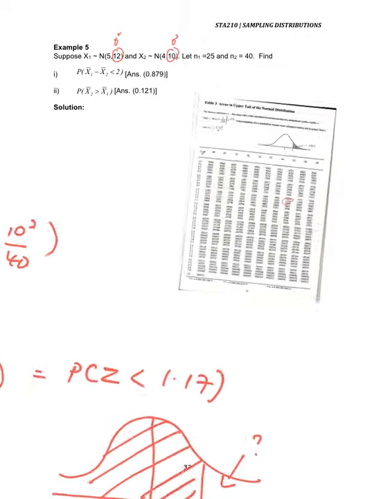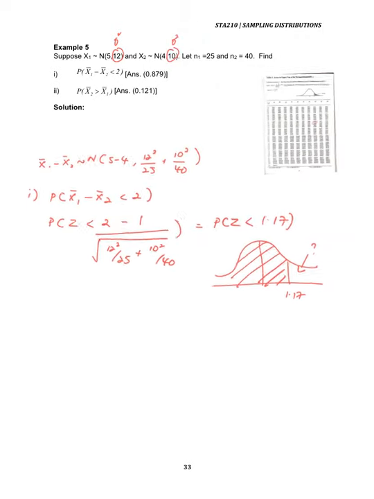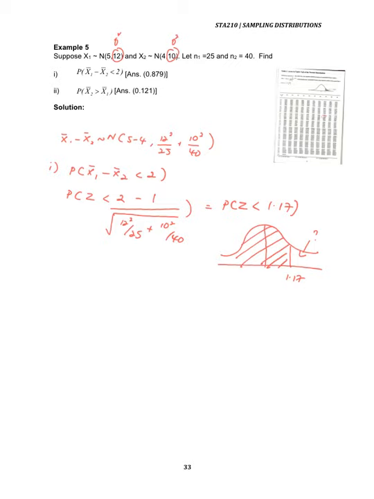Okay, 0.121. Okay, this one is 0.121. So kita kena buat satu tolak 0.121. So the final answer is 0.879. Okay, number 2.